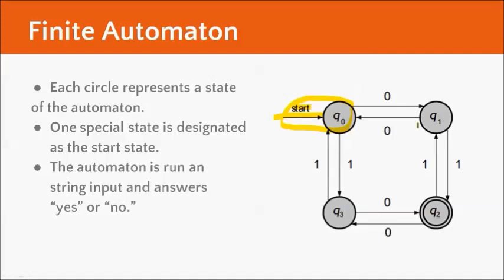And of course, we have the accepting state or the final state, which is indicated by the double circle. Every circle here from Q0 to Q3 is what we call a state. And of course, the 0s and 1s are the inputs. So that is the finite automaton.